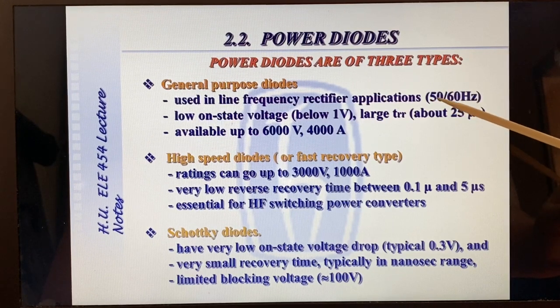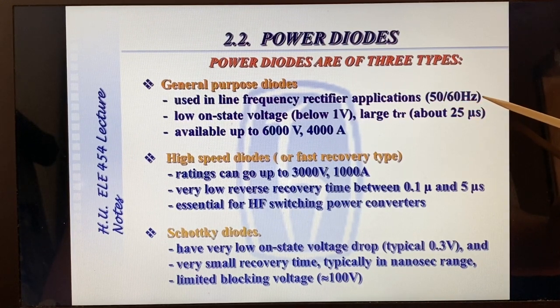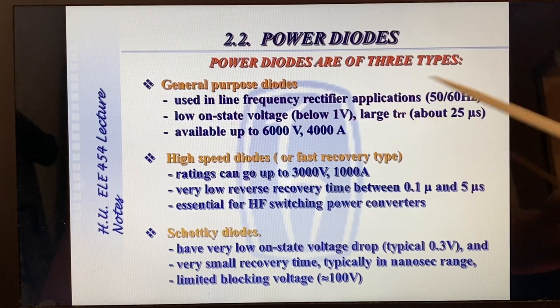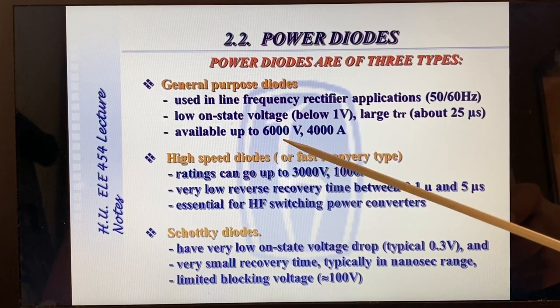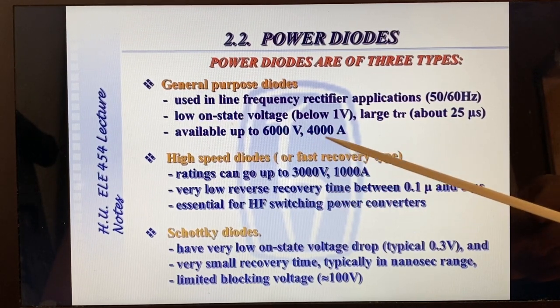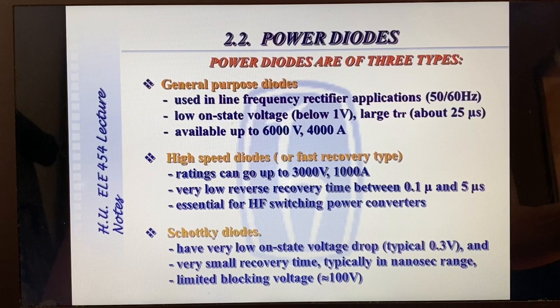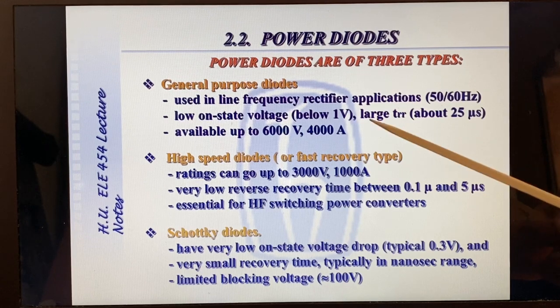That is, from the 50 or 60 Hz AC line, you take the voltage and rectify it by means of general purpose diodes. They have low on-state voltage drop, but large reverse recovery time. They are available up to several thousands of volts and several thousands of amperes. From 6,000 volts to 4,000 amperes, general purpose diodes are available.